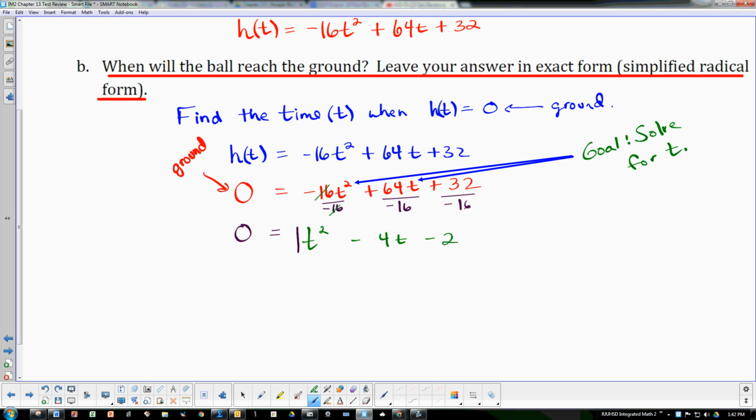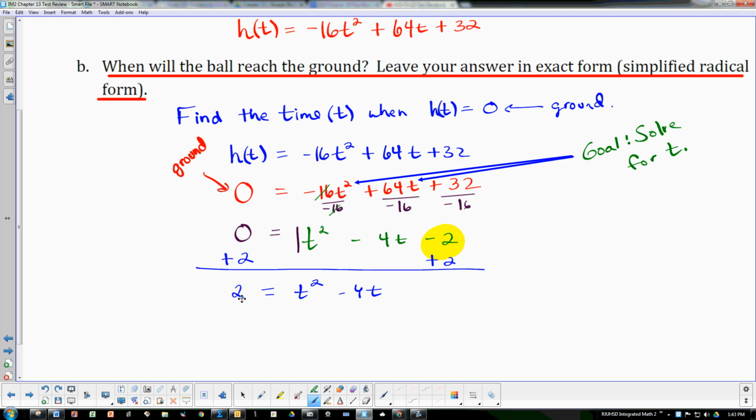And that's good news. One problem might be that this negative 2, if I wanted to complete the square, is not a perfect square, so why don't we move it to the other side for now? Okay, so I'm going to add 2, add 2. I now have 2 is equal to t squared minus 4t. Now I'm going to complete the square.